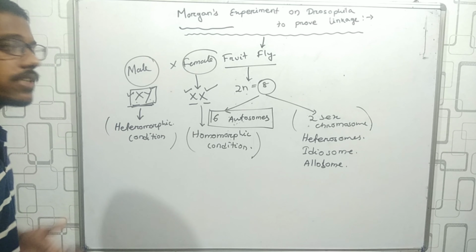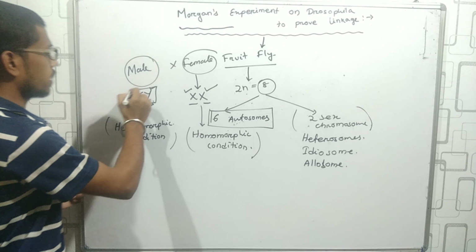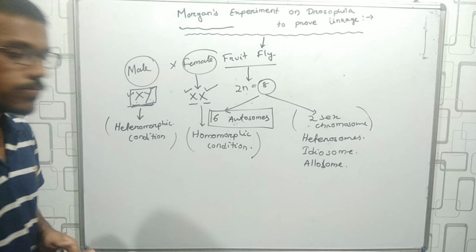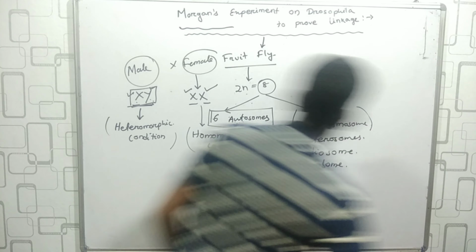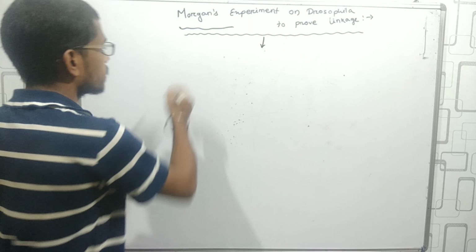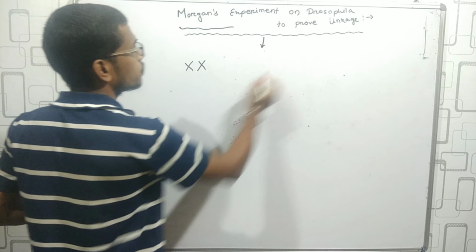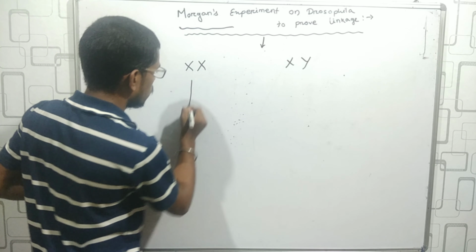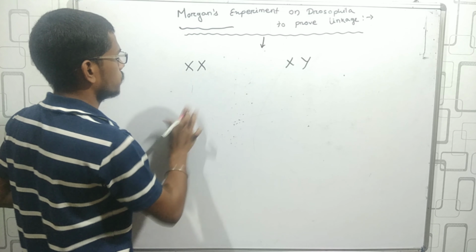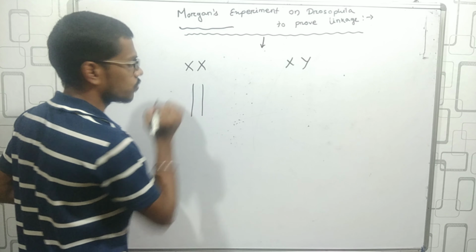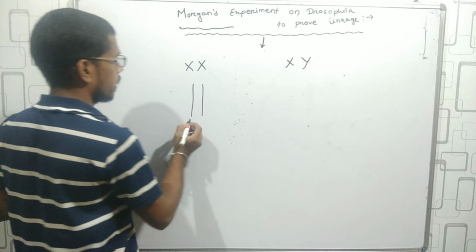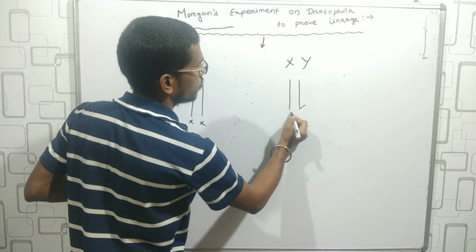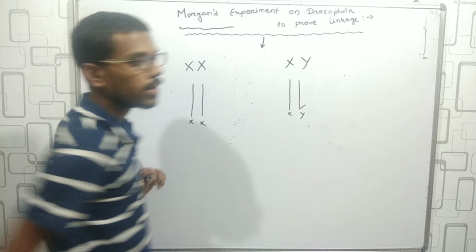If some genes are associated with the X chromosome or Y chromosome, then what happens? Let us see. Suppose these are the 2 X chromosomes, and here one is the X chromosome and the other is the Y chromosome.